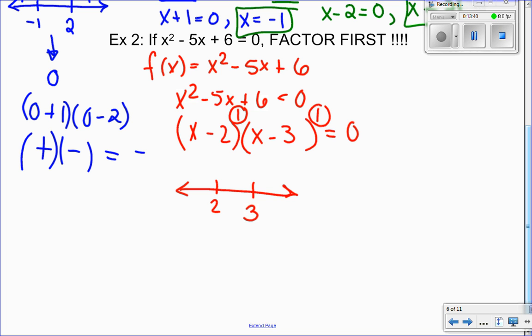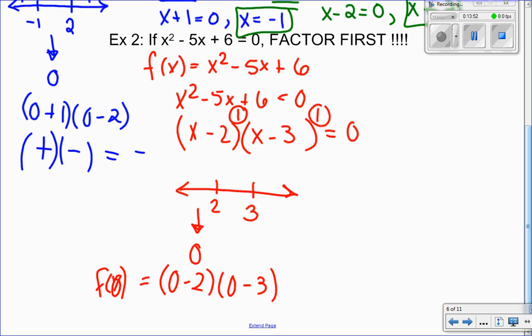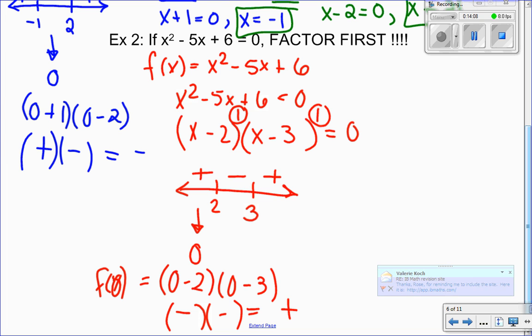So we can start by choosing a number less than 2, for example 0. 0 minus 2 times 0 minus 3 is f of 0. So we will have a negative times a negative, which is going to give us a positive. Okay, so that interval is going to be positive, and we know the rest of the sign diagram is going to alternate, so it'll go positive, negative, positive.